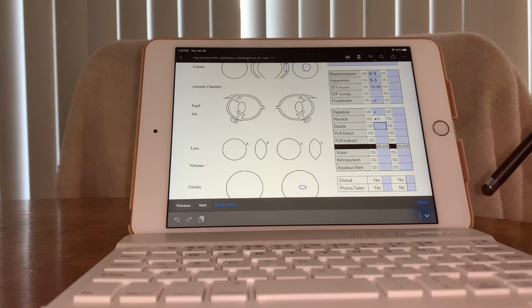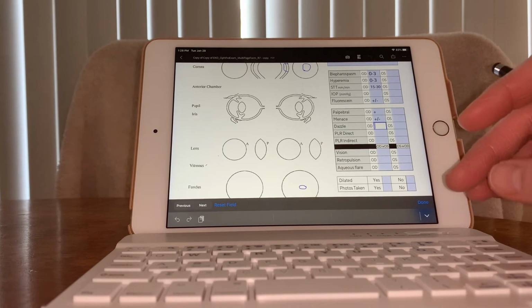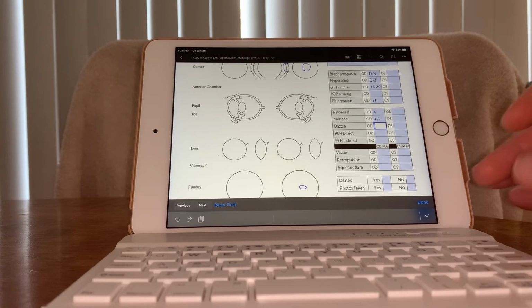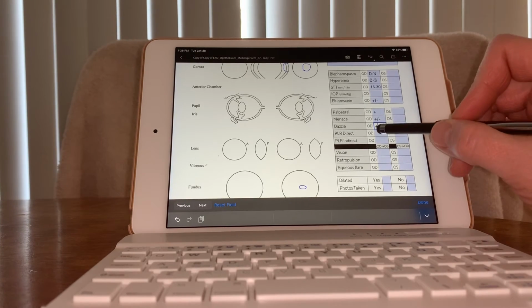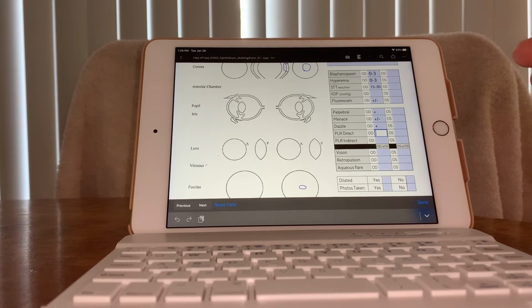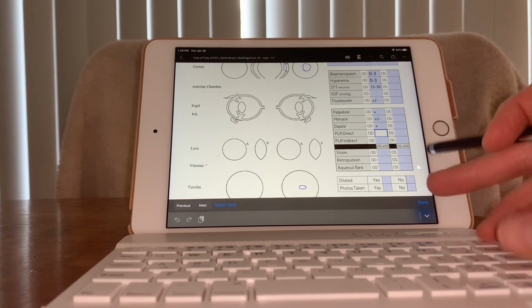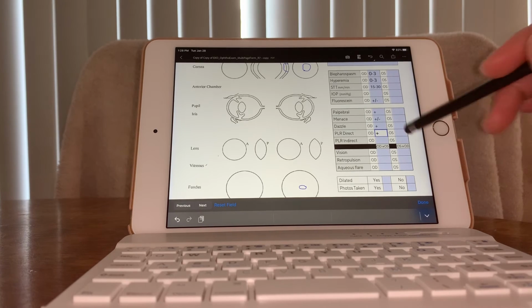The dazzle is the act of closing the eye in response to light, and that would be represented again as a positive or a negative. Your PLR direct is whether the pupil constricts in response to light, and again, you would write a positive or a negative there. That's the pupil you're looking at.